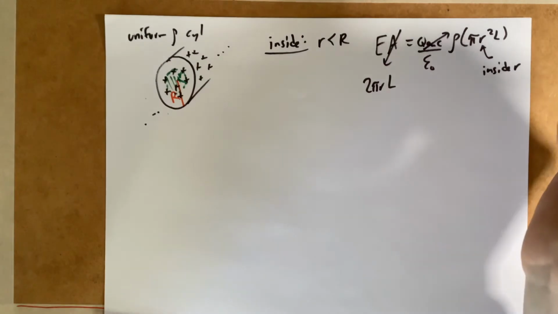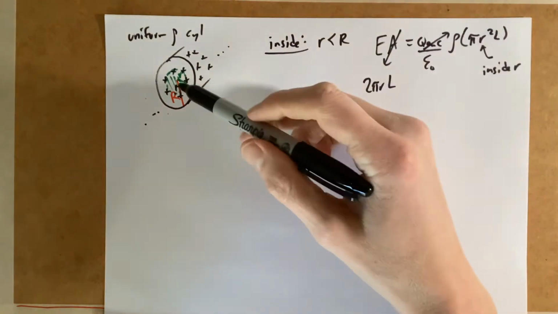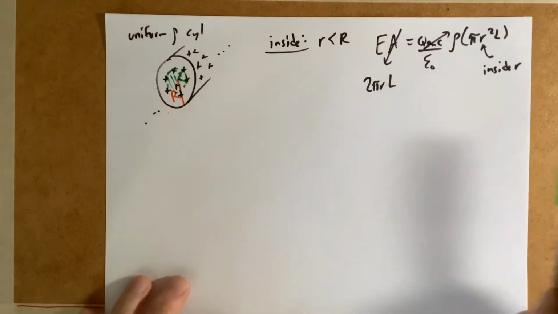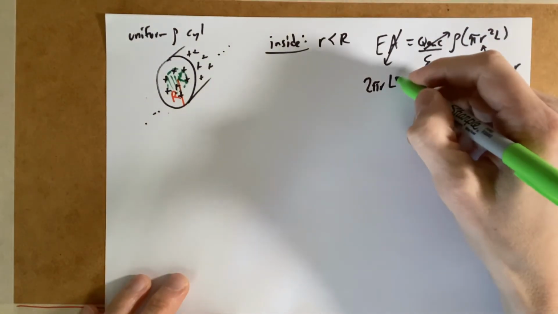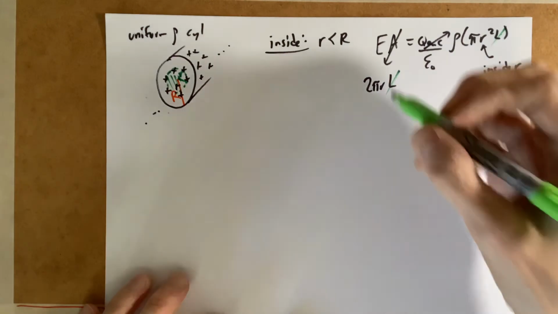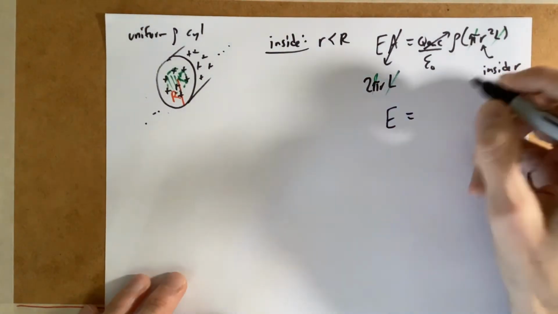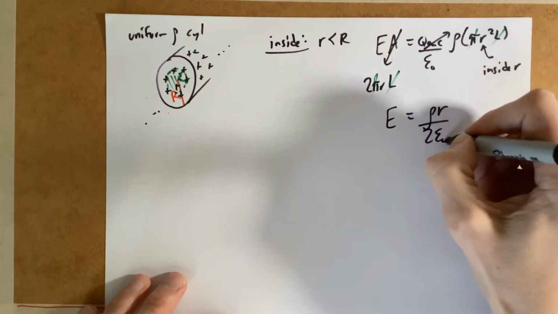I haven't enclosed all the charge. I've only enclosed up to what can fit in the Gaussian surface. So let's see what we get. L cancels, pi cancels, and I get E equals rho r over 2 epsilon naught.